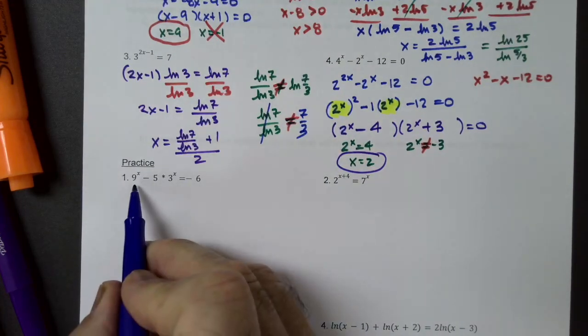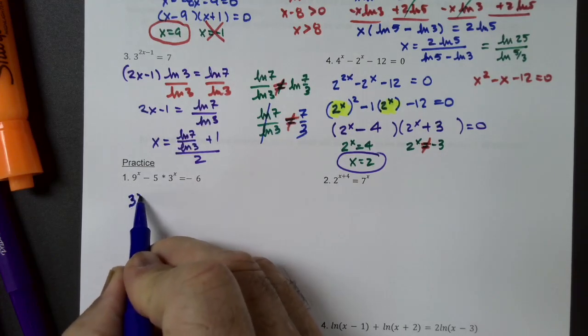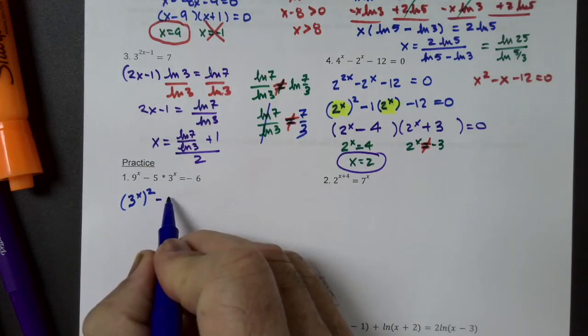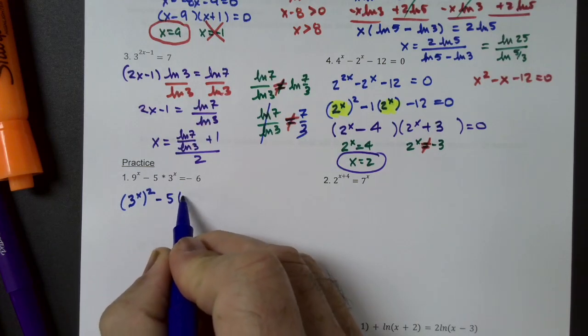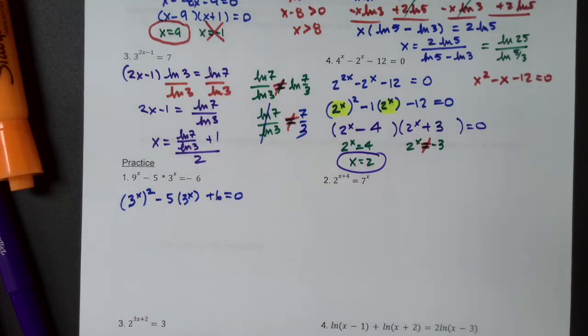Let's rewrite this 9 to the x as 3 to the x squared. 9 is 3 squared, and when we do a power to a power, we're multiplying, so it doesn't matter if we do 2 times x or x times 2. And then this would be minus 5 times the 3 to the x, and while we're at it, let's just add this 6 to both sides.